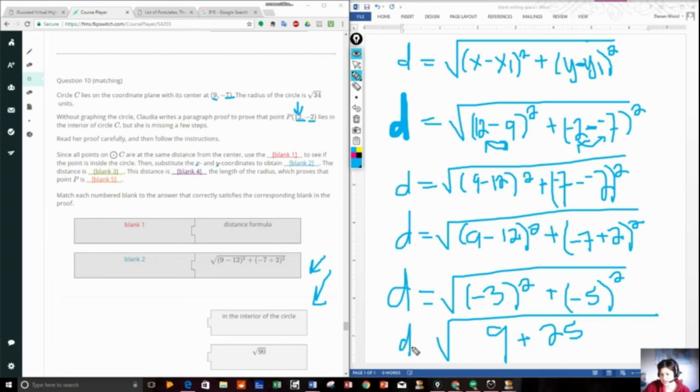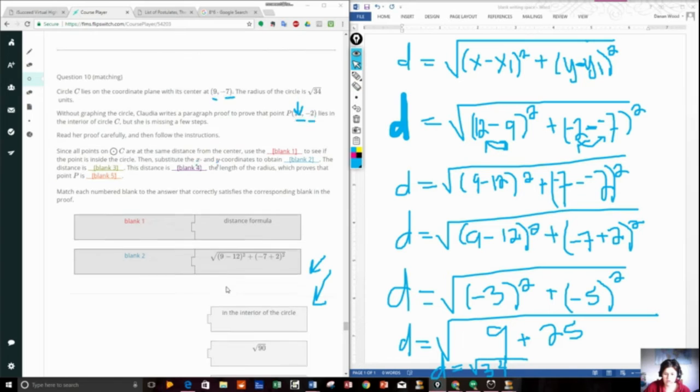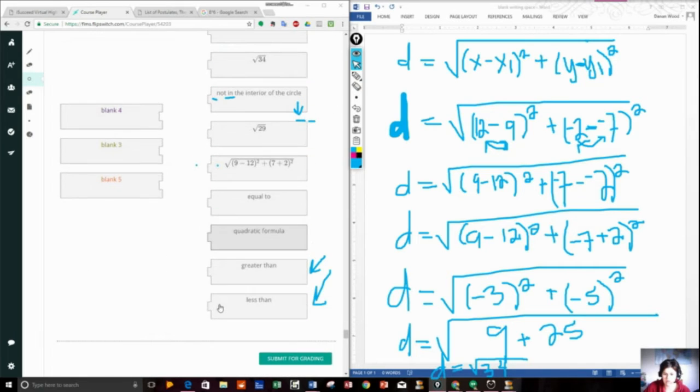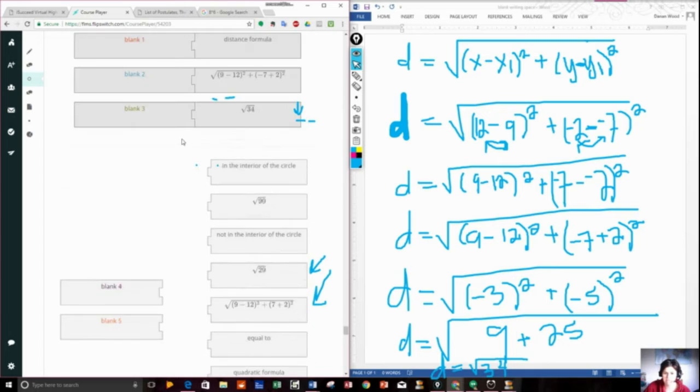So the distance is equal to the square root of 9 plus 25, which is 34. So I'm looking for a distance of the square root of 34. So blank 3 is the square root of 34.